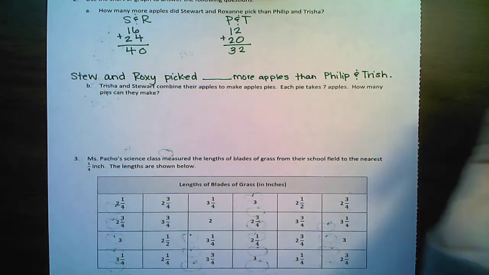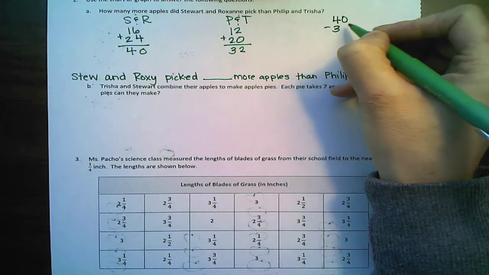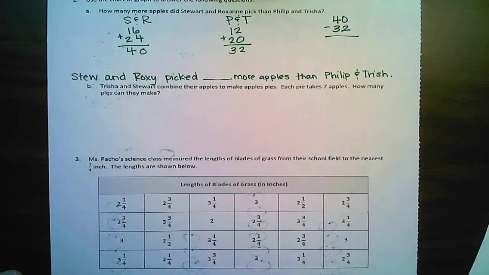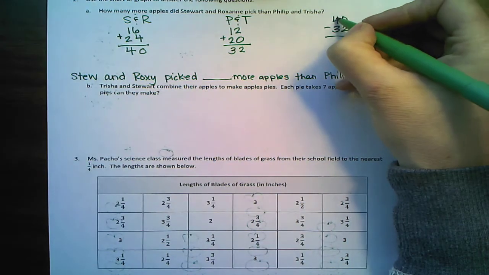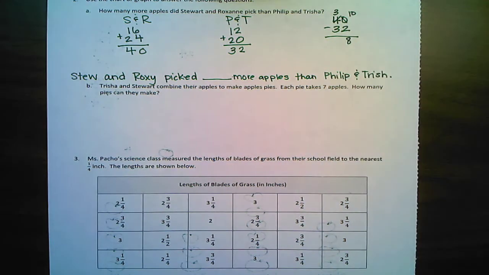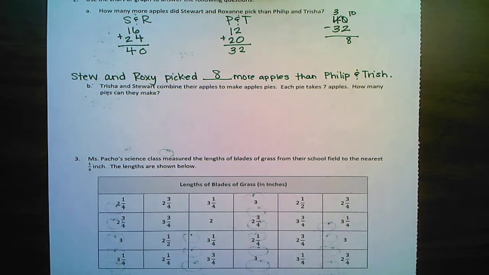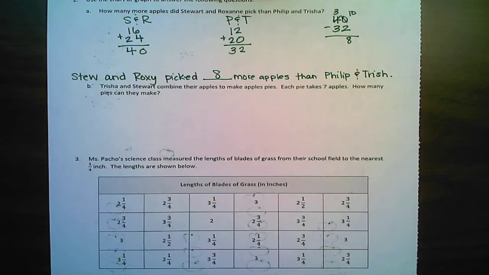Agreed. Let's subtract. We need to take away 32 from 40 to figure out how many more these two picked. There it is, 8. Stu and Roxy picked 8 more apples than Philip and Trish.